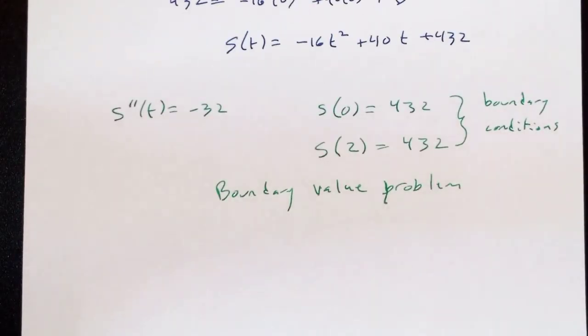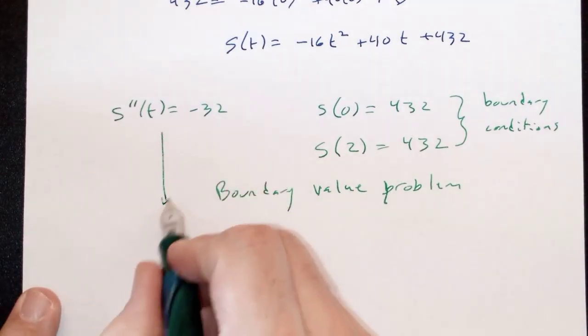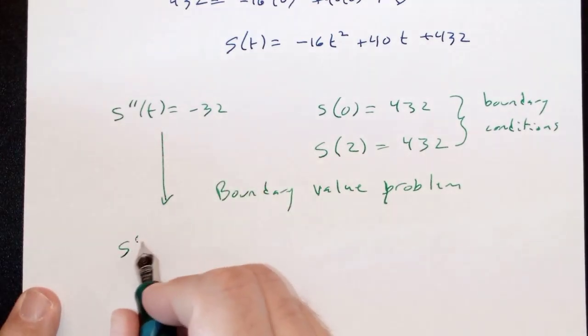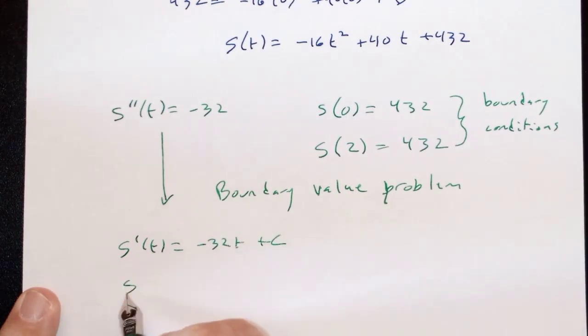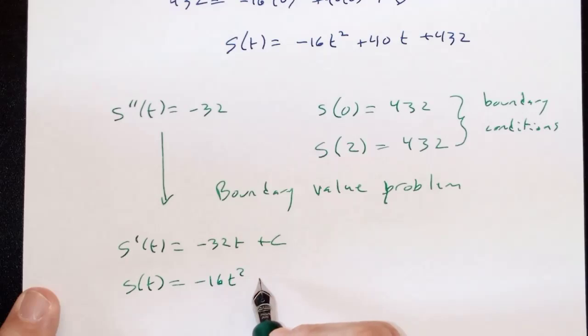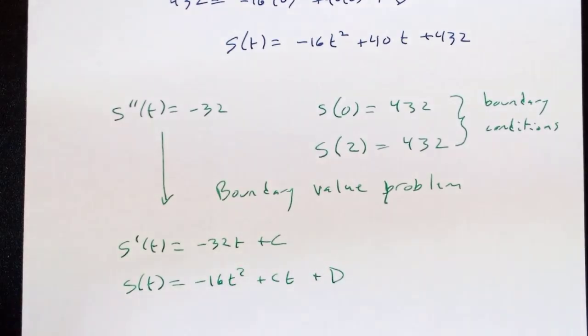So I go from S double prime of t. S prime of t is negative 32t plus c. S of t is negative 16t squared plus ct plus d. And now I can start trying to solve for c and d.